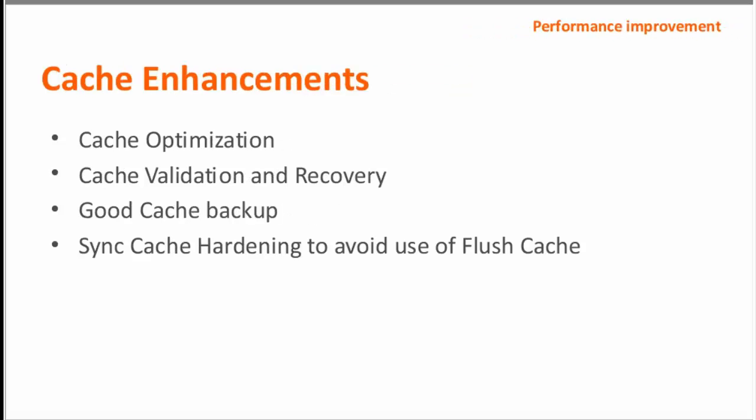First we will discuss what enhancements we did in caching. As we know, caching is very crucial for Midtier, and we almost cache everything in Midtier. So in 9.0 we did a lot of enhancements in the caching area. We optimized our caching mechanism and methodology so that it should not have duplicate data in cache.